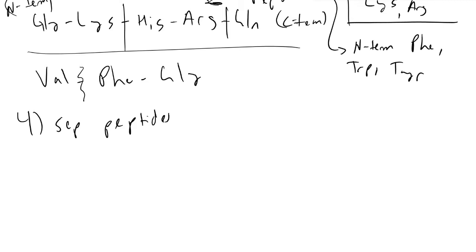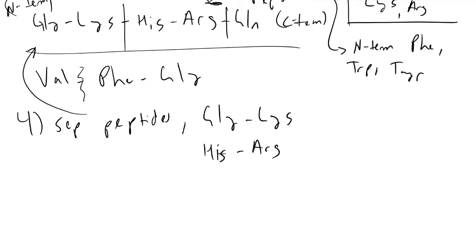In the case above, we would have a glycine, lysine, a histidine, arginine, and a glutamine present in our solution, and we want to separate these from each other.